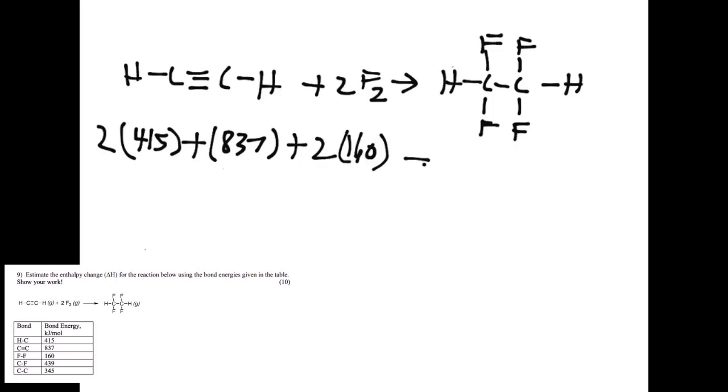Minus, now if we look at this structure, we notice we have 3 different types of bonds here. We have a single carbon-carbon bond, which is 345, plus we also have 2 carbon-hydrogen bonds, which is 415 each, and we also have 4 carbon bonded to fluorine.